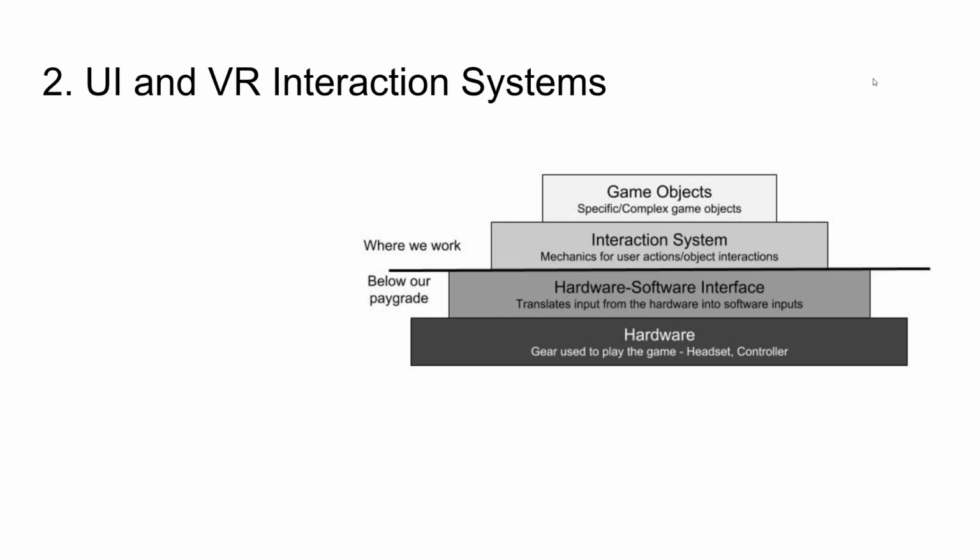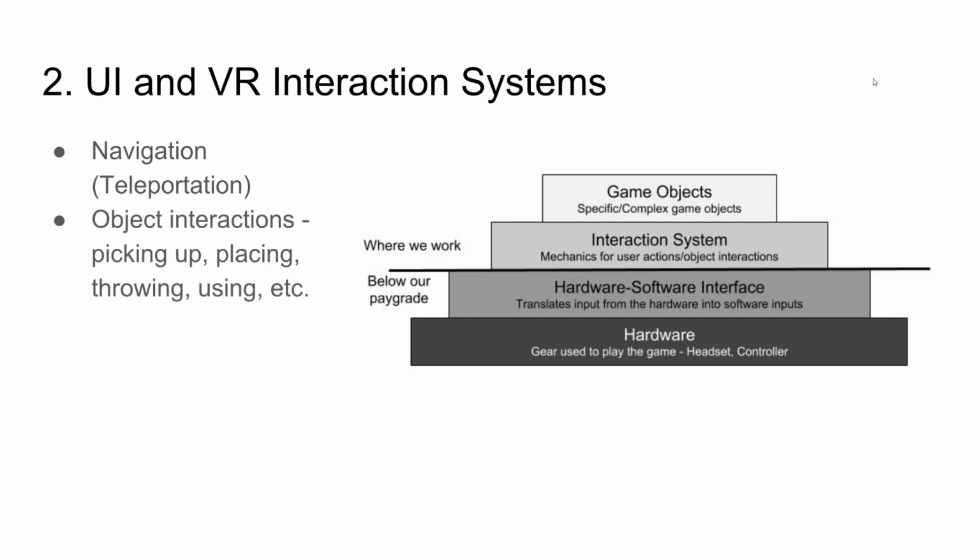So on top of hardware, you have a hardware-software interface, which translates inputs from the hardware into software events and inputs. And then on top of that, we have what I've been calling an interaction system, which determines how the player moves throughout the experience. Teleportation is how we did it. You might want to look into other ways.